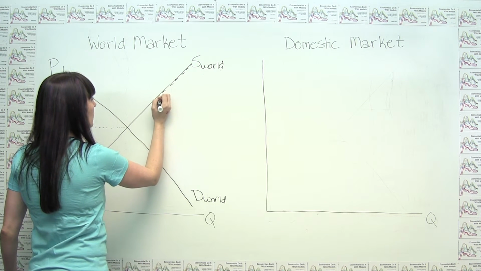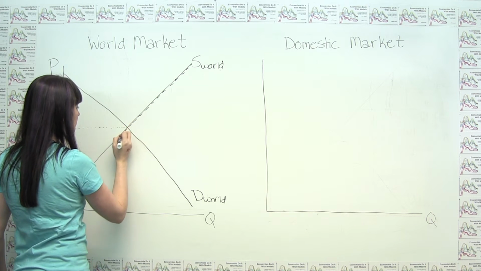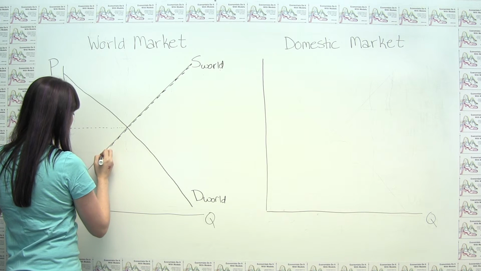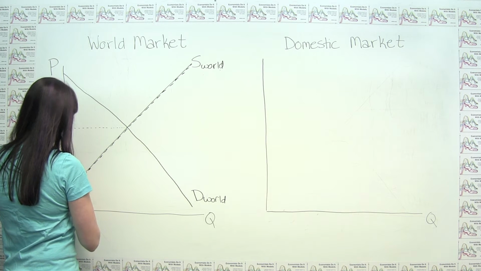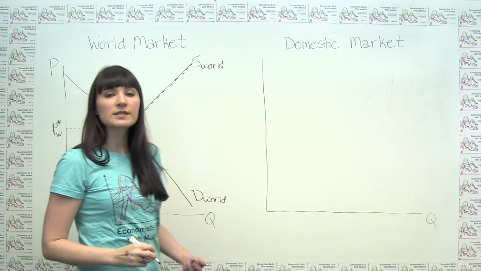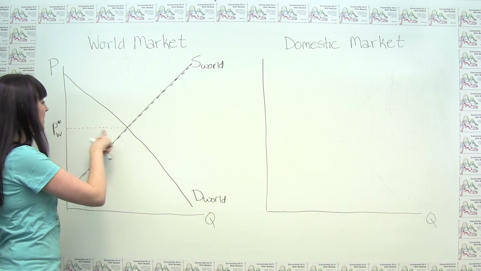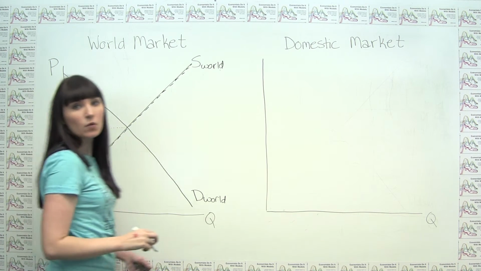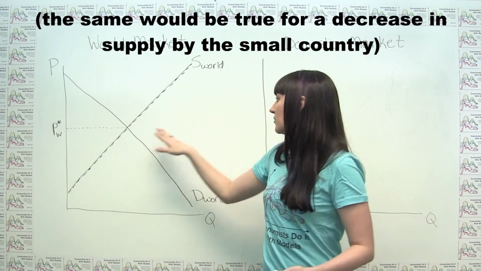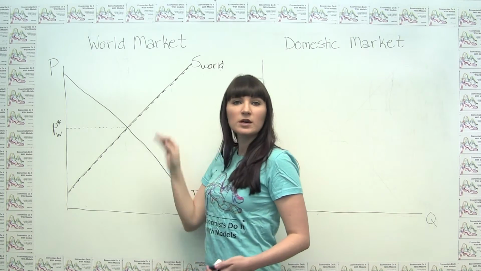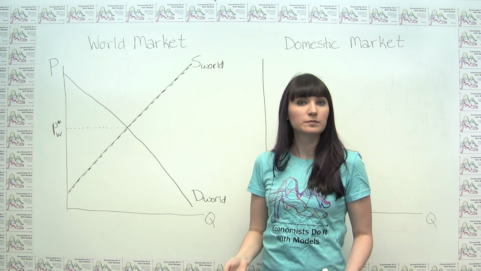The overall world supply curve would barely move. So if we're only getting a marginal or almost negligible increase in supply, that's going to have a fairly negligible impact on the world price. So we can just approximate and say that the effect of this one country's supply on the world price is basically zero.